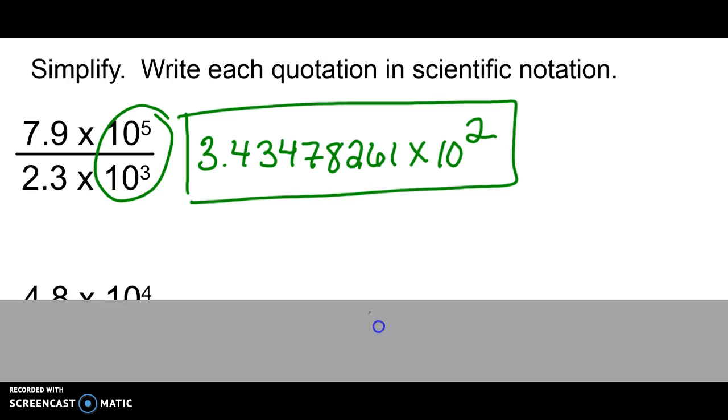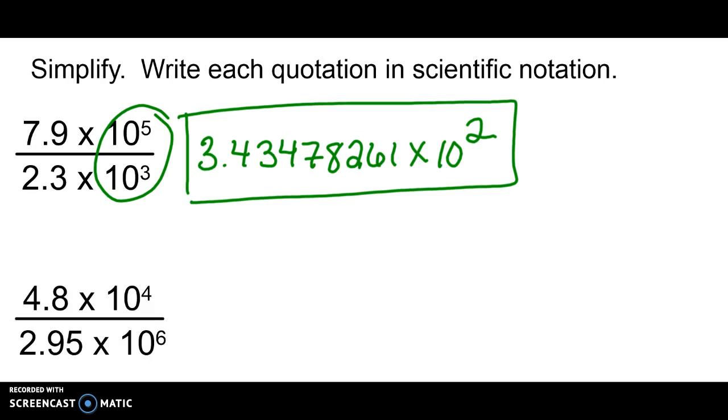Let's look at the next one. 4.8 times 10 to the fourth divided by 2.95 times 10 to the sixth. If I divide those numbers, 4.8 divided by 2.95, I get 1.62711864.